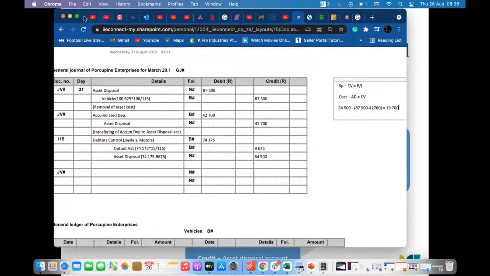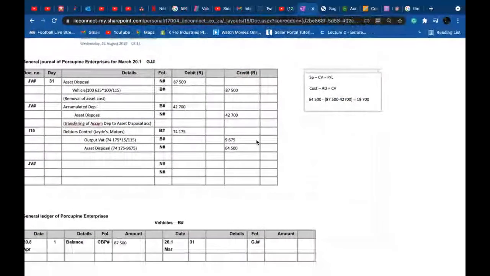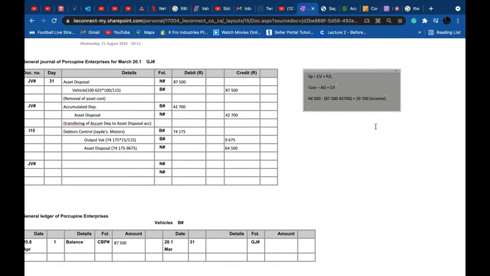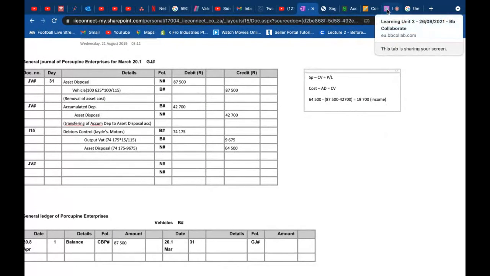So when you make a profit, a profit to us is an income. I'm going to put income in brackets here. We know incomes increase on which side? Somebody tell me in the chat real quick. Whenever we have sales, whenever we have dividends received, whenever we have rental income, do we debit or credit?